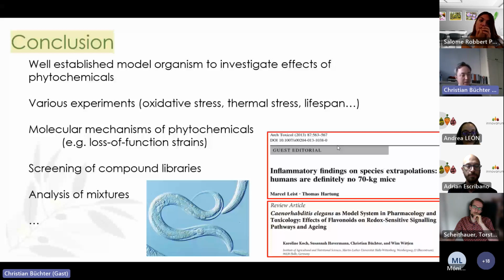We investigate the influence on lifespan, on aging, and especially we're interested in the molecular mechanisms that lie behind these protective effects of phytochemicals. But we also always have to remind ourselves that these results we generate are just preclinical results, and that they are of course not directly translatable to humans.